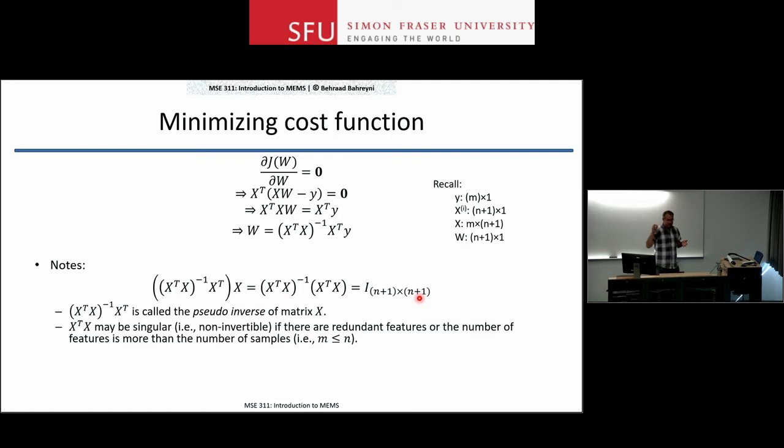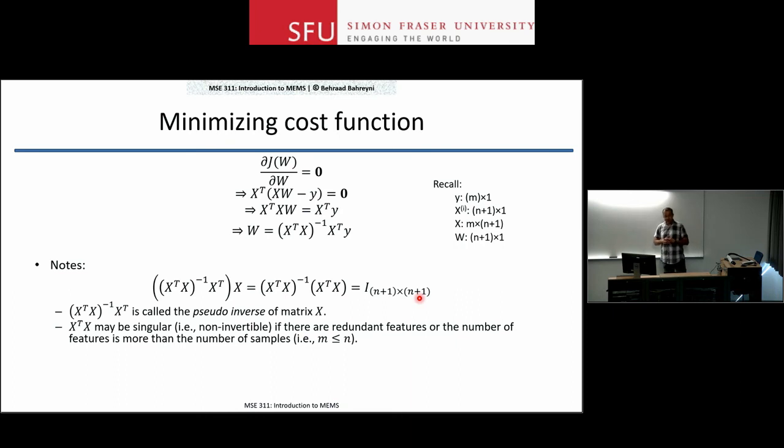For example, for the house price example, let's say you have the area of the house in square meters and you also have the area of the house in square feet. They are the same thing. It's just a coefficient that changes one into the other. So these two features are not independent from each other. They're dependent features. In cases like that, you can get a matrix that cannot be inverted.